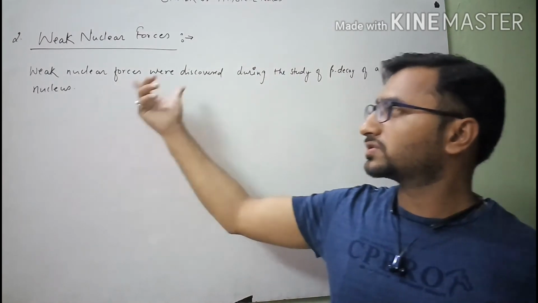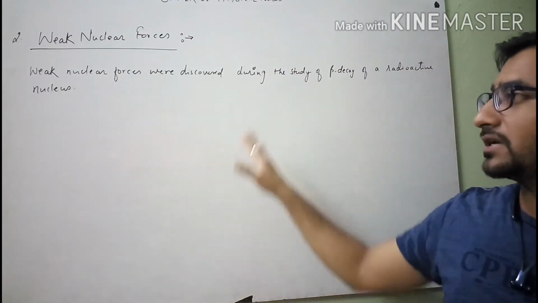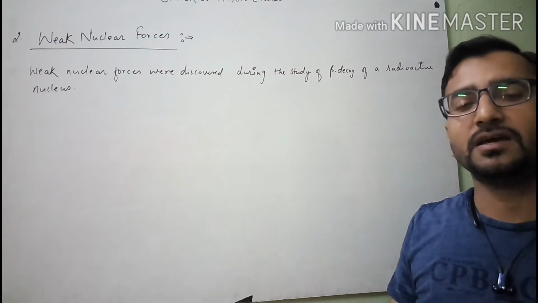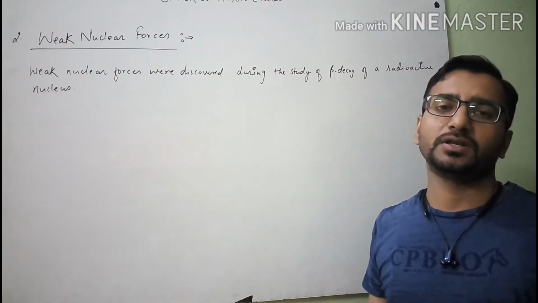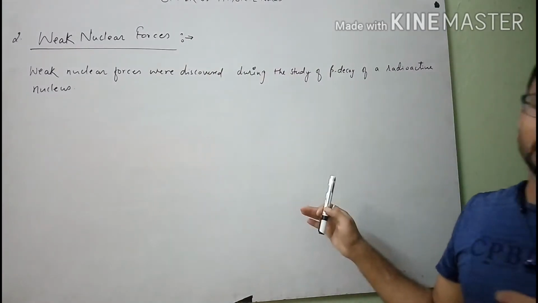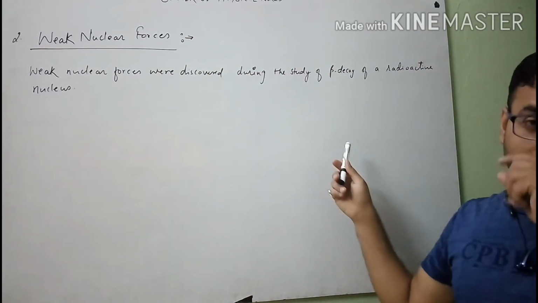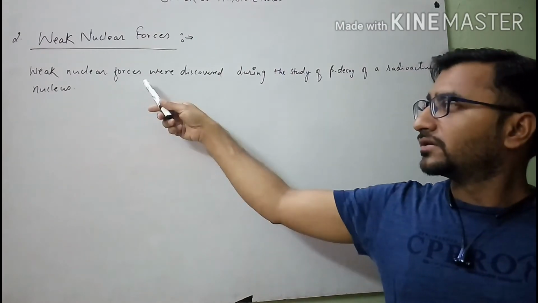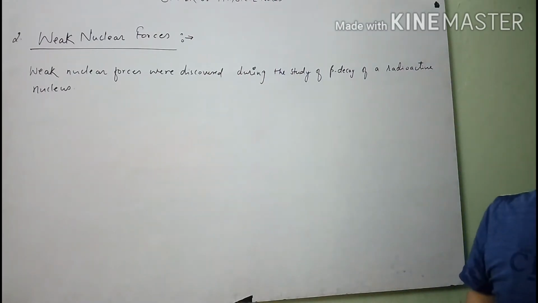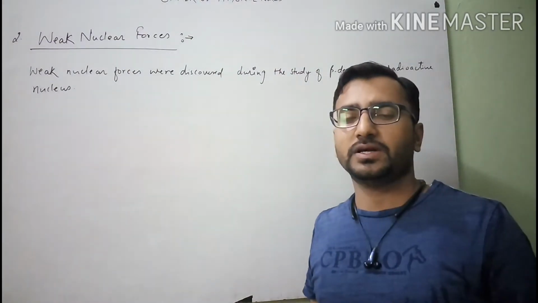See here, the weak nuclear force was discovered during the study of beta decay in radioactive elements, or in a radioactive nucleus. During beta decay you can see that this force comes into play.